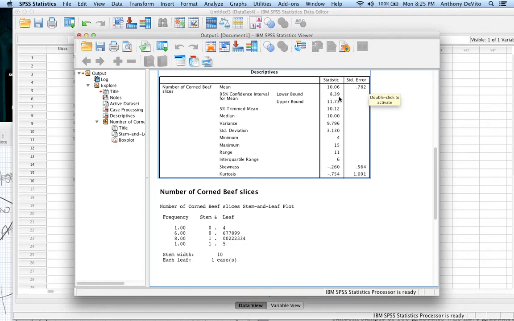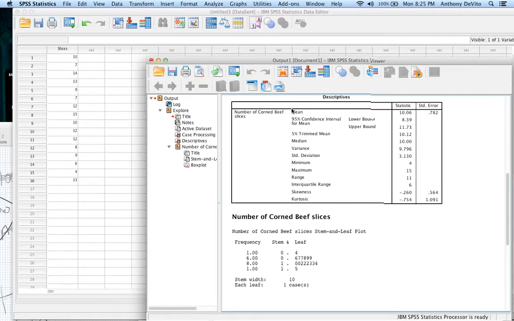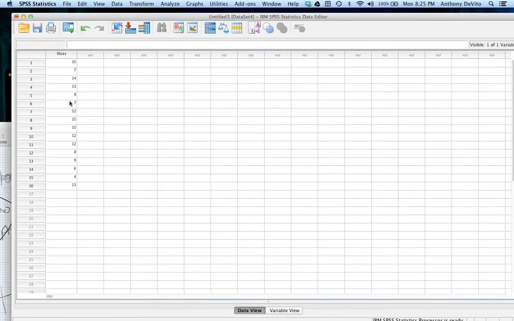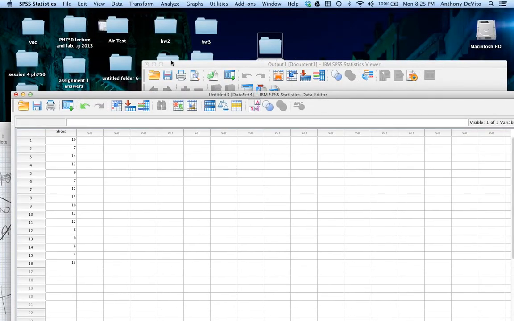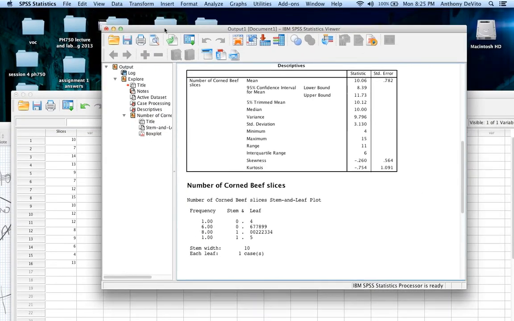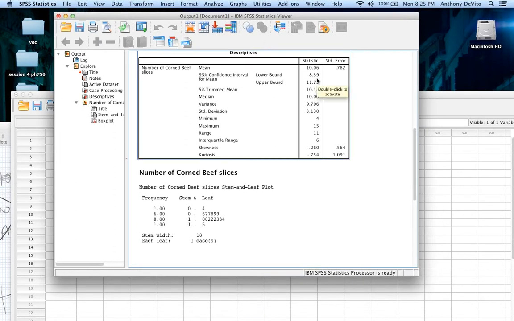And you will notice something interesting about this confidence interval. This confidence interval is always based on the t-table. It's never based on just using 1.96. It doesn't matter if the sample size is 16, like it is in this case, it'll use 2.13, the same as we did.